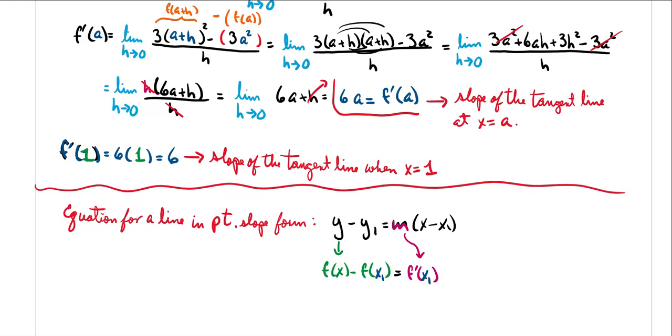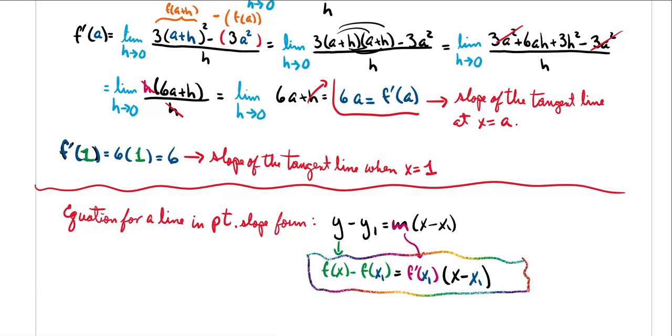So the slope is now going to be f prime of x1 times x minus x1. Now you can go ahead and replace the x1s with the a's if you want, but this is the formula that you definitely need to remember. I guarantee it. You're going to be seeing it in the exam and through the rest of the class.